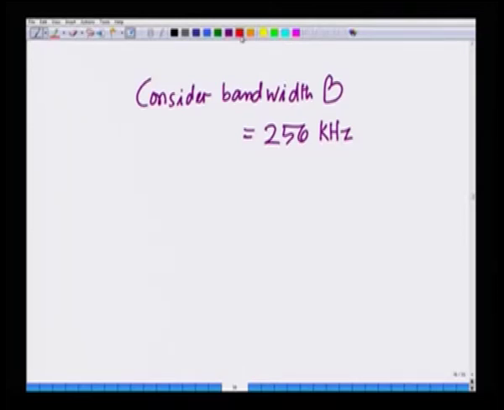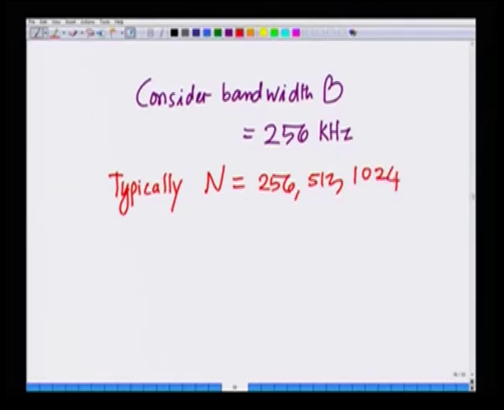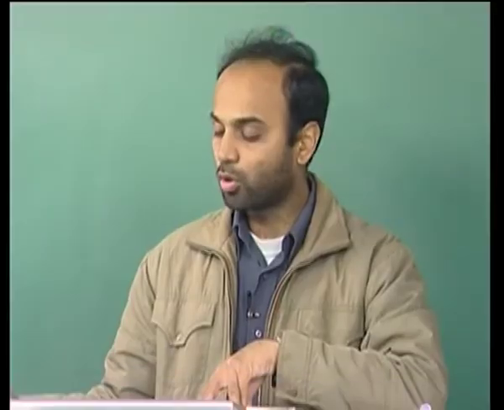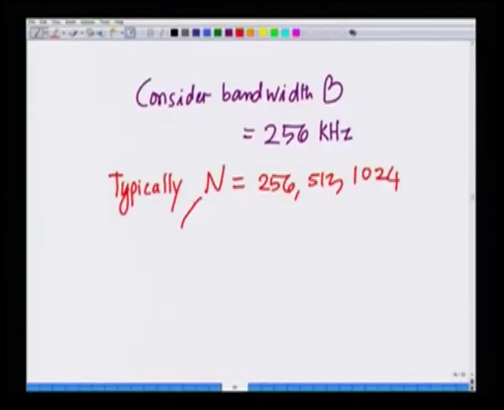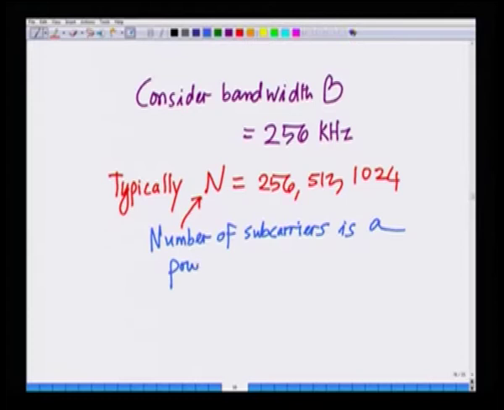Typically n, the number of subcarriers, equals values such as 256, 512, 1024. Typically the number of subcarriers, n, is a power of 2.